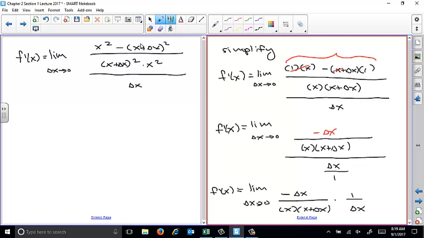Yeah, something's wrong. Let's see here. So those canceled out. That canceled out with that. This is delta x squared. Okay, well, actually, here it's delta x squared. You factored out a delta x, so what's left here is delta x.